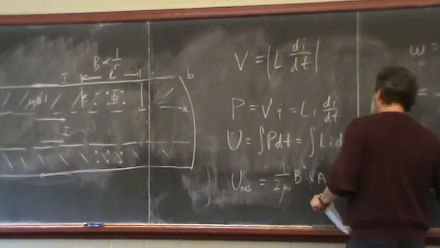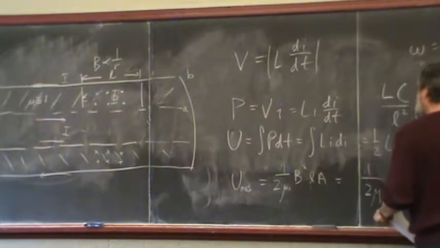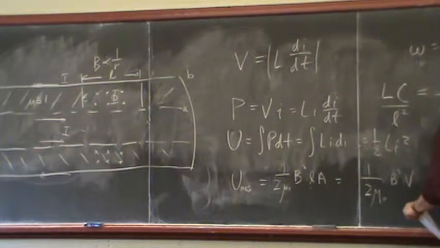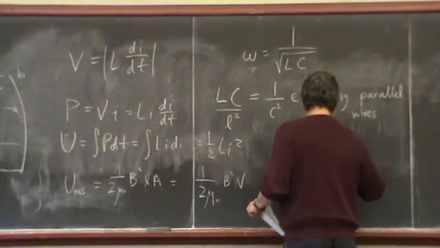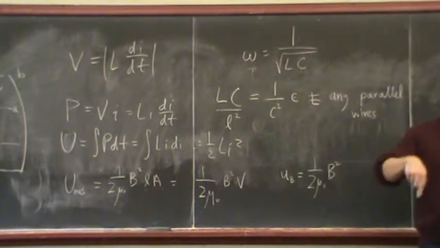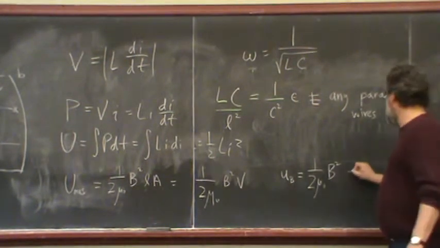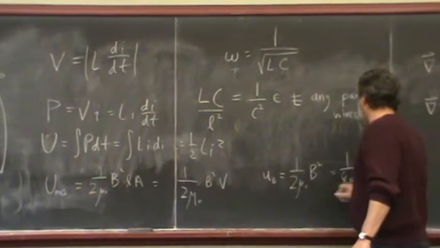So 1/2 mu-naught B squared V, and the energy stored in a solenoid per unit volume is equal to 1/2 mu-naught B squared, which in CGS units is 1/8 pi B squared.